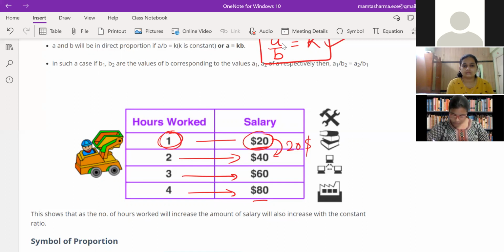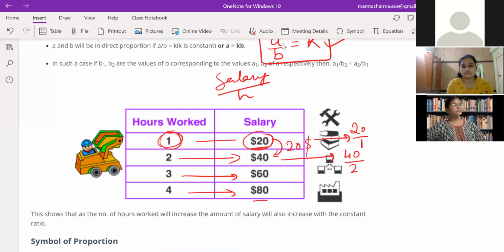Let's take the ratio. We are saying that the ratio will remain constant. Let's check whether it is constant or not. We'll check the ratio of salary by hour. Here the salary is $20, hour is 1, so the ratio is 20 by 1. In the second case, salary is $40 and hour is 2. The ratio is 20 by 1. In the third case, the salary is $60, hour is 3.